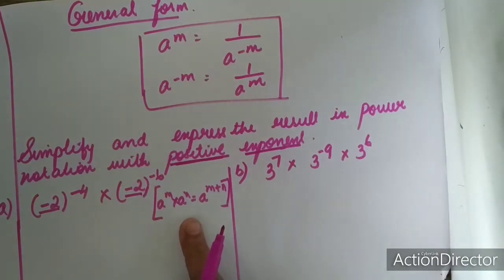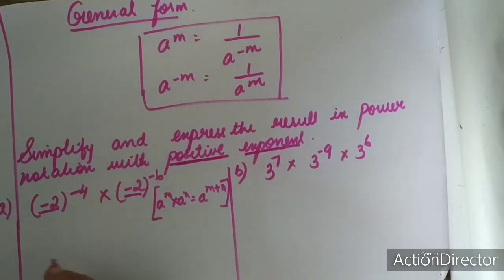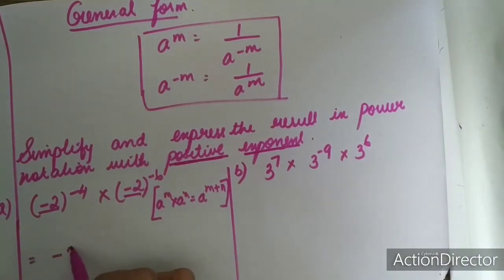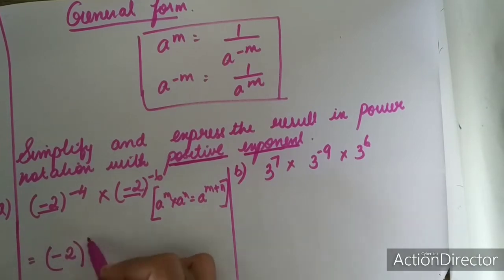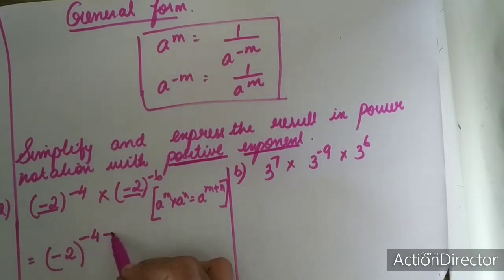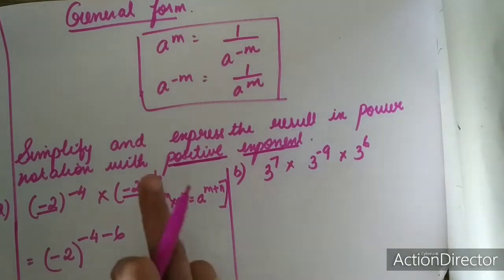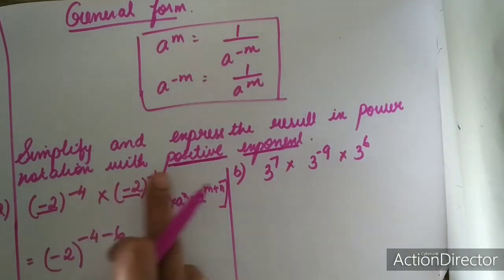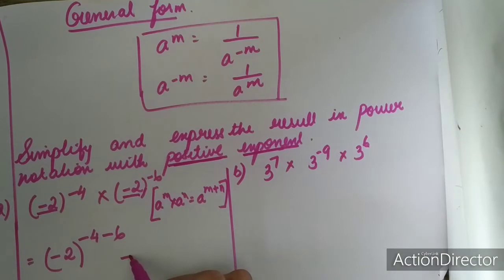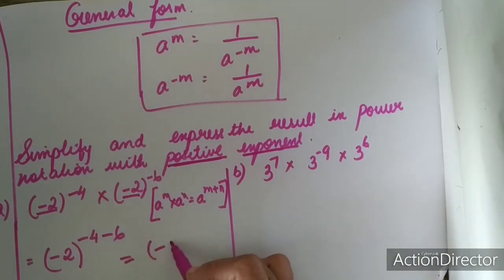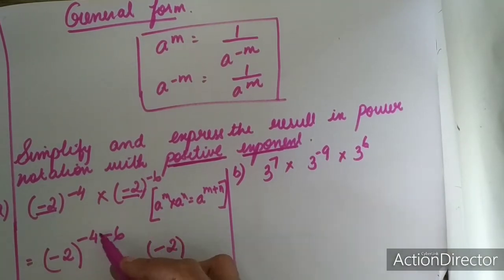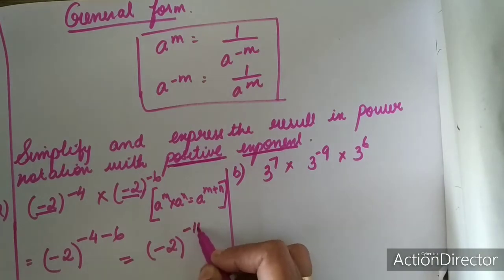So I am going to apply this multiplication law by writing it as minus 2 whole raised to the power of minus 4 minus 6. If there is a multiplication sign, we add the powers. So this is equal to minus 2 whole raised to the power of minus 4 minus 6, which is minus 10.